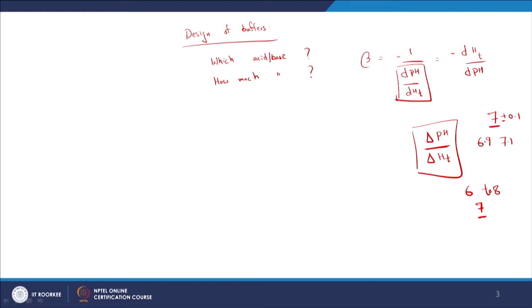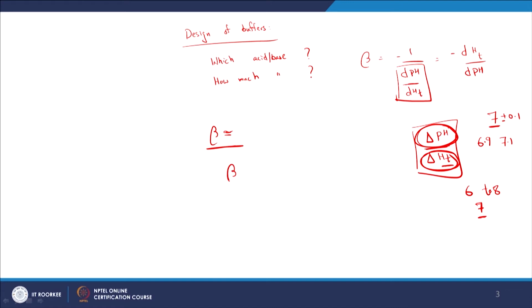So that is what you see here, and you need to estimate H total, as in the amount of acid or base that you think will be added to the system. Once you understand how much pH change you are okay with, and you know how much acid or base will be formed in the system during the experiment or in the natural system, you can calculate the buffer intensity approximately.